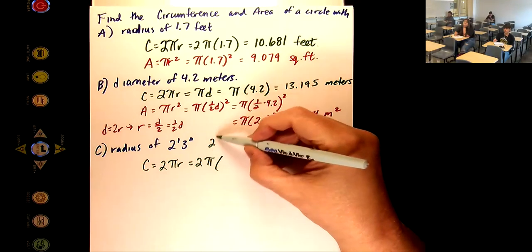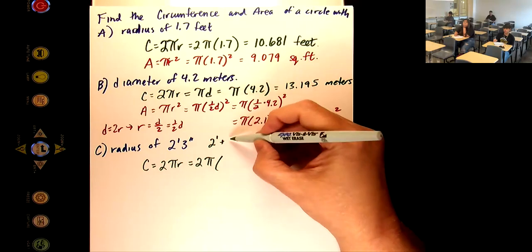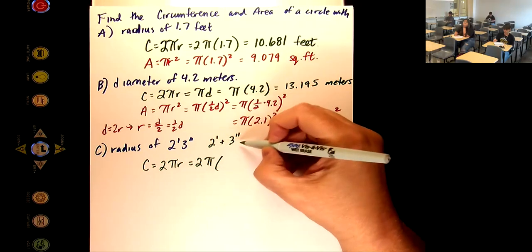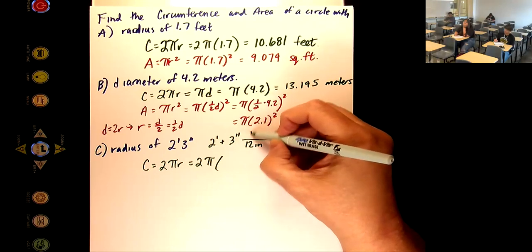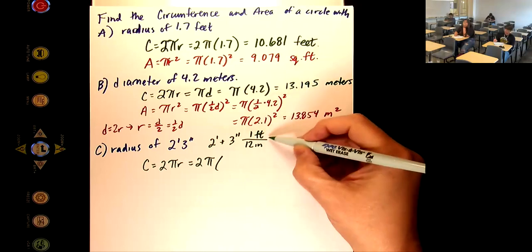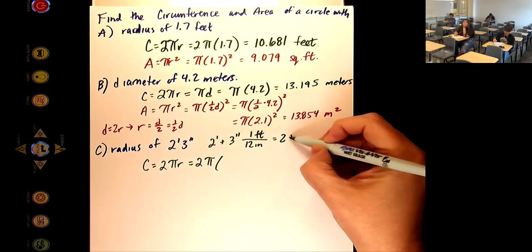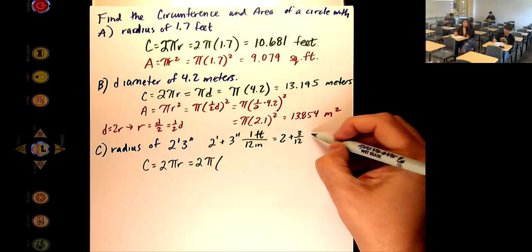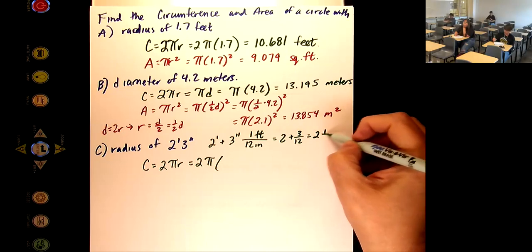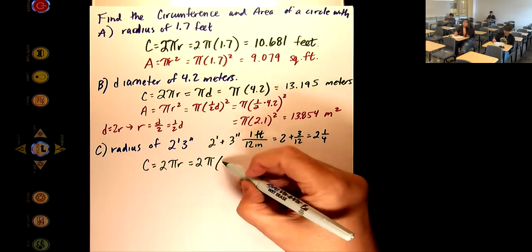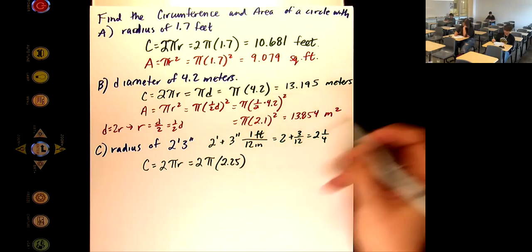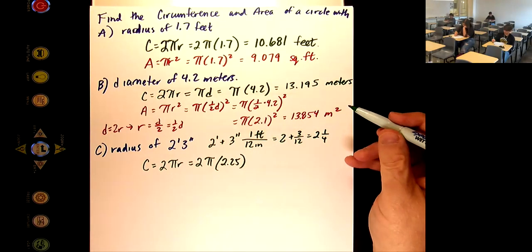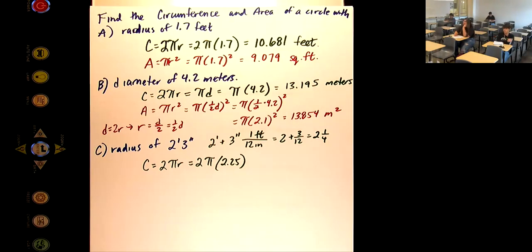So I've got 2 feet plus 3 inches, and I need to turn the 3 inches into feet. I can multiply by 1 foot over 12 inches. So it's 2 plus 3/12, is 2 1/4, which is 2.25, or 2 1/4.